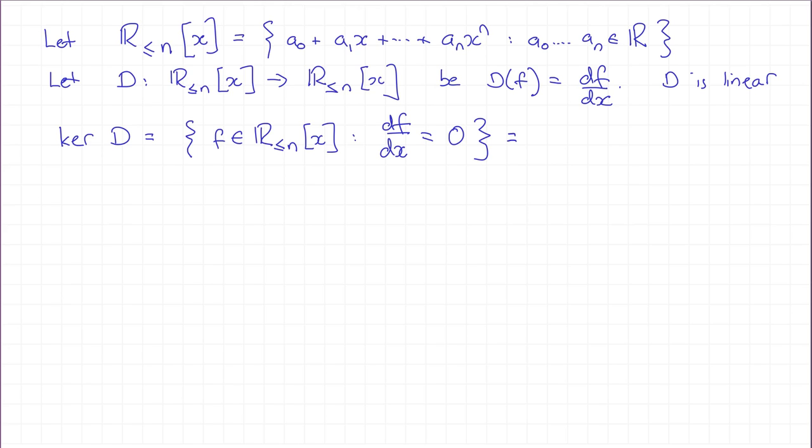Well, the answer is just the constant polynomials. So this is the set of all constant polynomials, all polynomials of degree 0. So those are the ones which are in the kernel here.